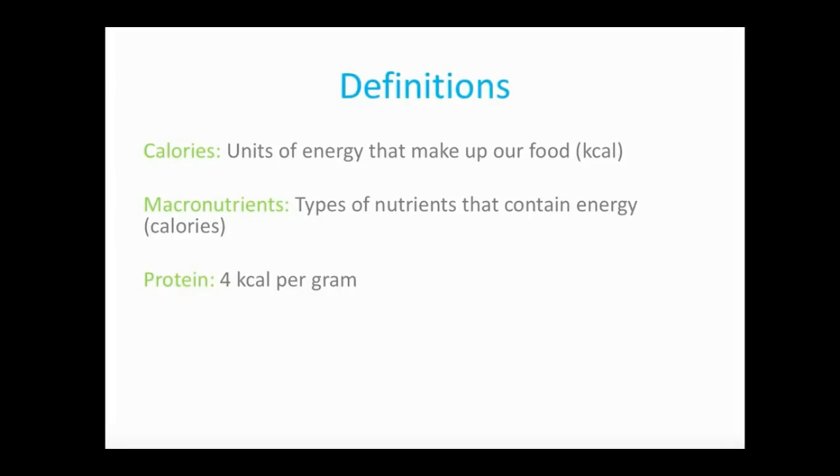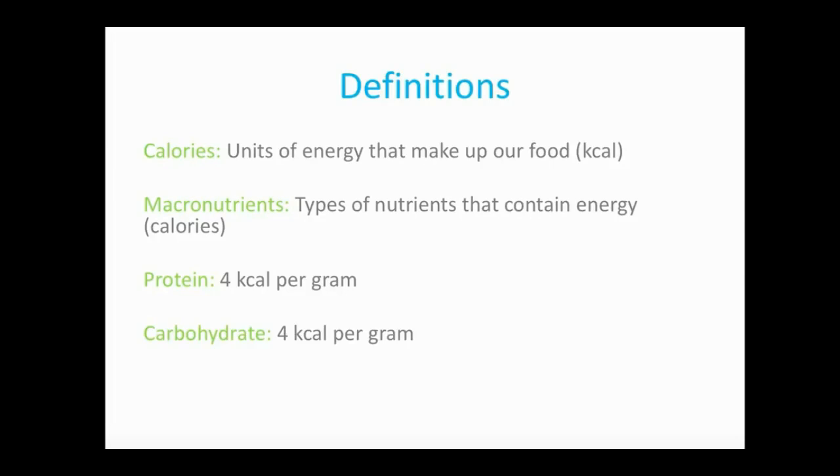So let's break down our macros. Protein: there are 4 calories per gram. So if we take 100 grams of chicken breast, that will contain 22 grams of protein. That 22 grams times 4 would then give us our calories.